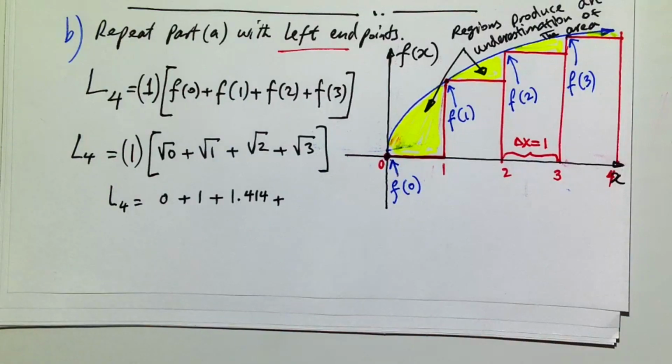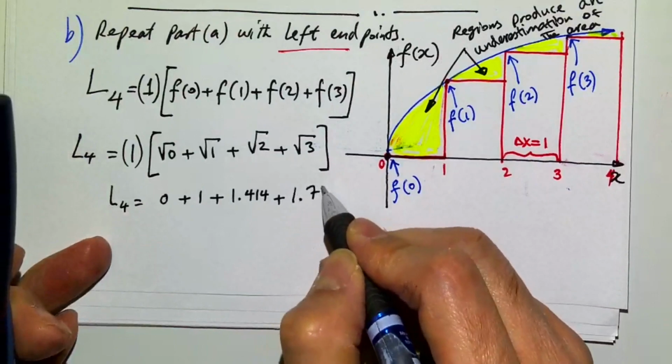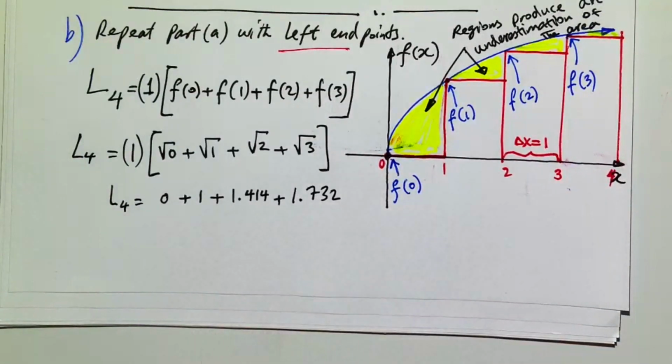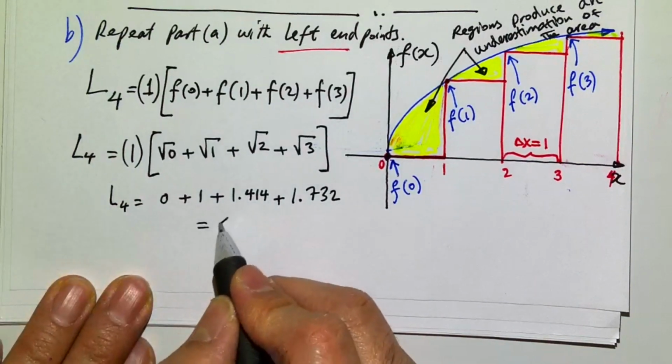Square root of 3 would be, let's see, I get 1.732. So add all of these plus 1.414 plus 1. Okay, so 2.414 plus 1.732. So yes, so that number that I have is, okay, now makes sense.